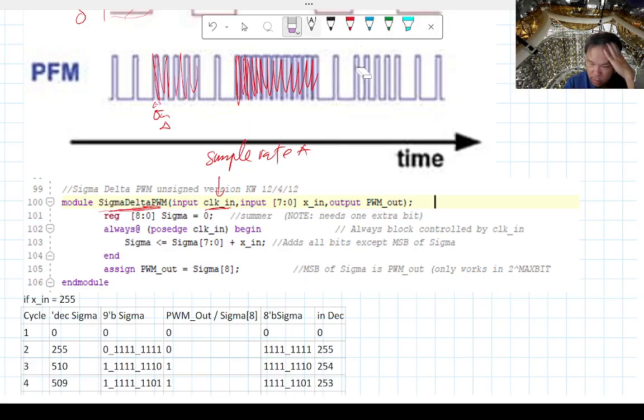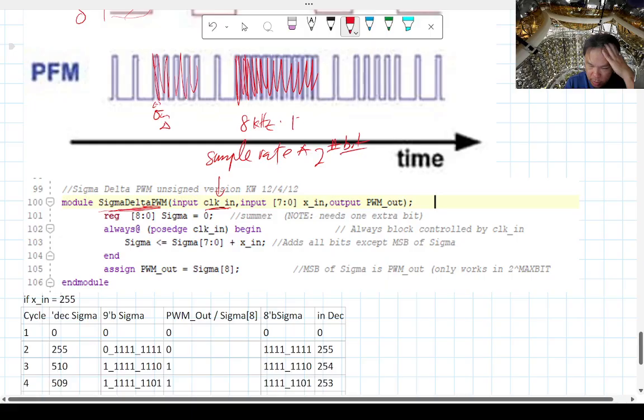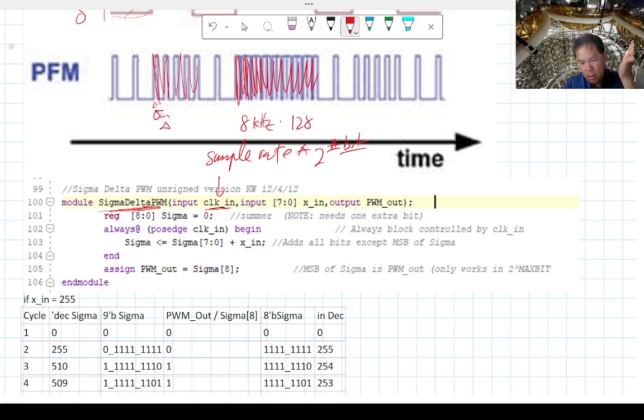So if you're doing 7 bits, this will be 128. If you want a sampling rate of 8 kilohertz, then this will be times 128, so that will be about a million hertz, or about 1 megahertz. So you want that clock in to be about 1 megahertz, which you can do with the PLL pretty easily, and then you're going to have a pulse width modulation output.